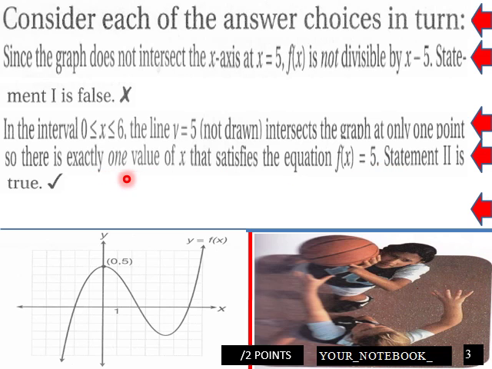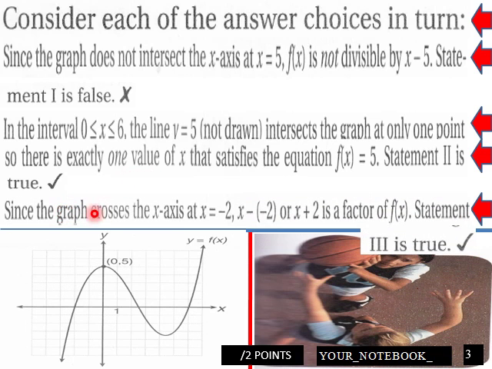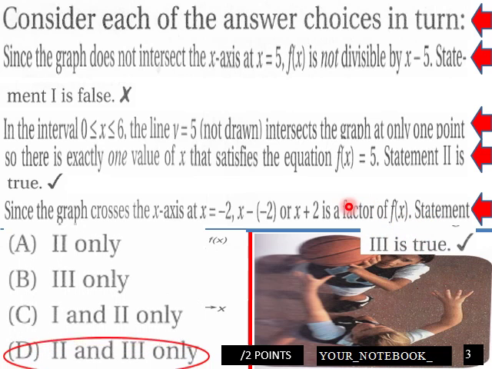Since the graph crosses the x-axis at x equals negative 2 over here, x minus negative 2, or x plus 2, is a factor of f of x. Statement 3 is true. So it would be 2 and 3 only of those statements that are true. That would be a way that you would reason through the possibilities for this.